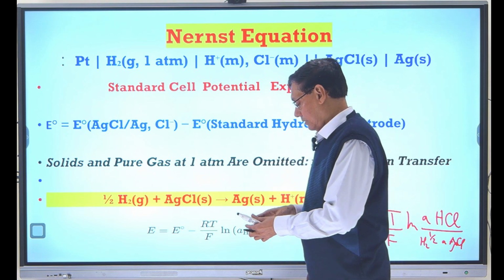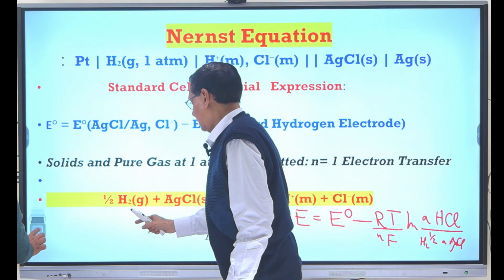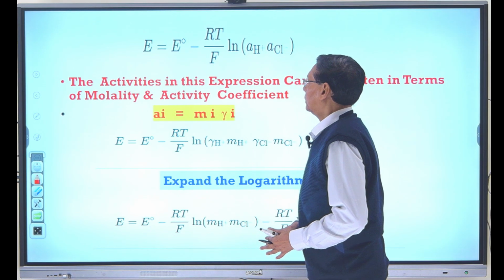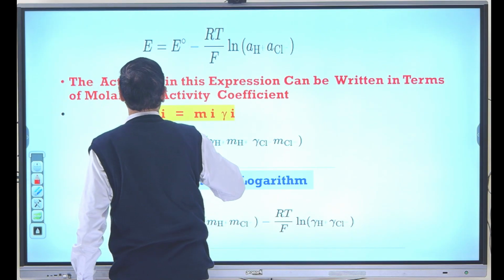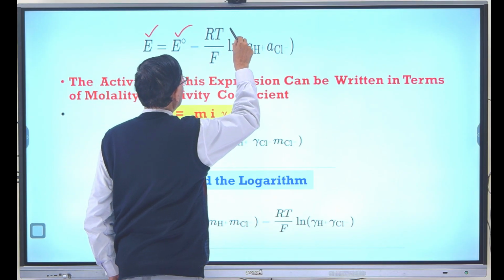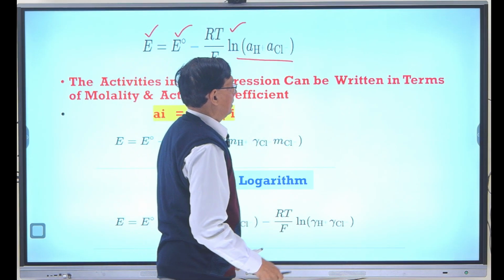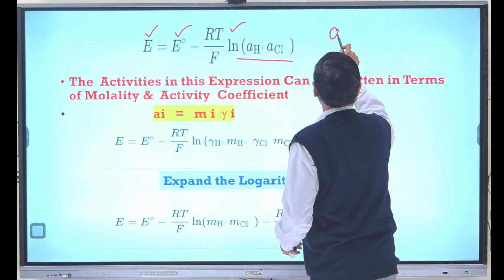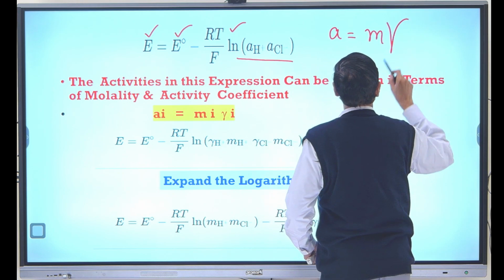Okay. So next, you see here, again I am getting E is equal to E0 minus RT/nF and only HCl. We know that activity is equal to molality and activity coefficient.